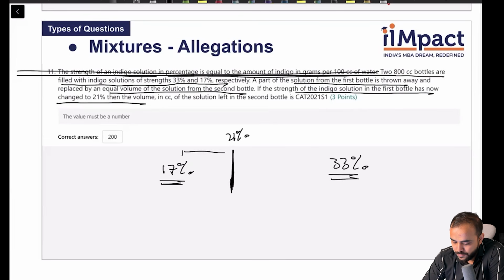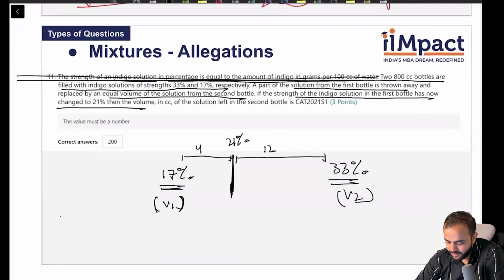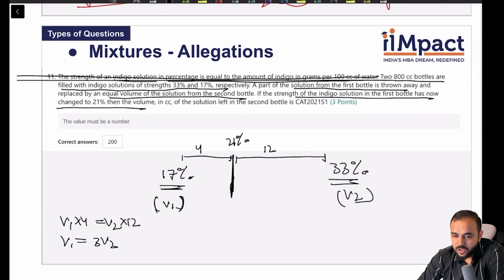So this gap is 4 and this gap is 12, which means that the volume of 17% solution, let's say this is V1 and this is V2. So V1 into 4 should be equal to V2 into 12, or V1 is equal to 3 times V2. Now the total volume is something that is given to you.